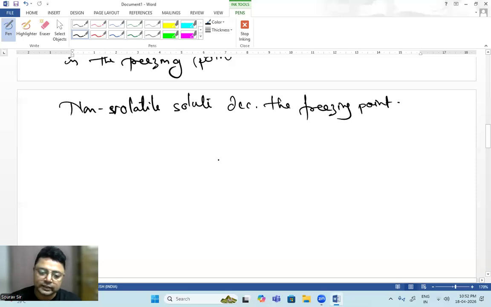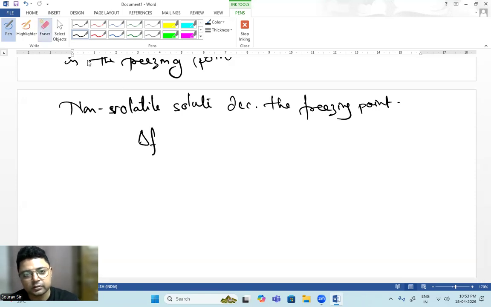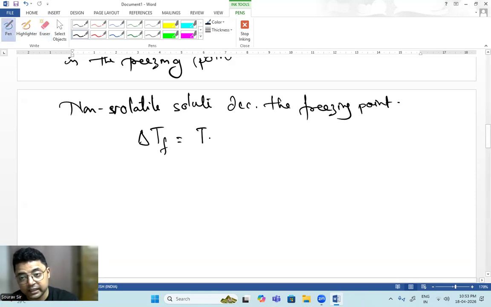It will be the same: delta Tf, which will be Tf initial minus Tf final. Why initial minus final? Because the initial is higher than the final. But the rest will be the same: delta Tf equals Kf into m.